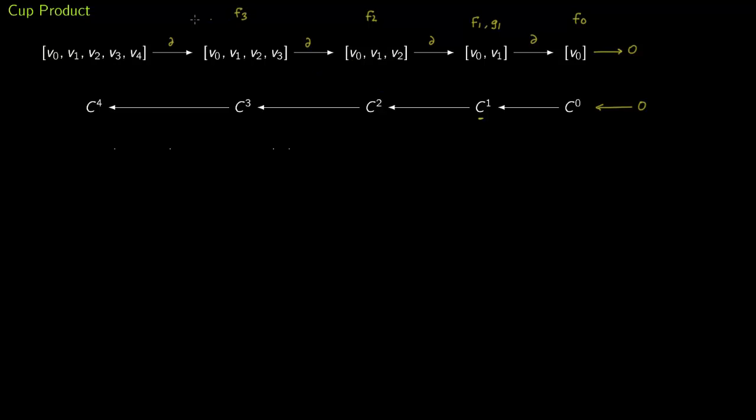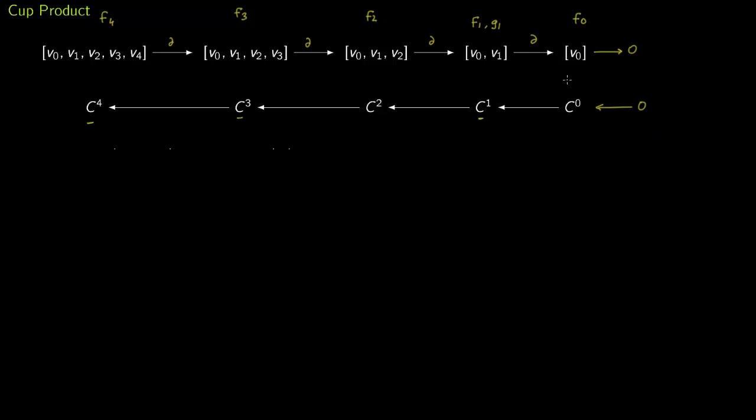Similarly, you could have function f3 acting on v0, v1, v2, v3, which lies in this cochain complex right here. And you have f4 which acts on this simplex here, and it lies here in c4. So these are all simplices, but they're denoted by vertices, as we have seen in homology multiple times.